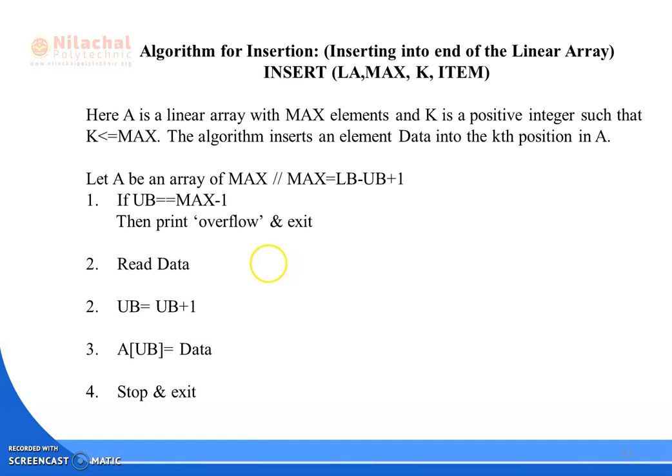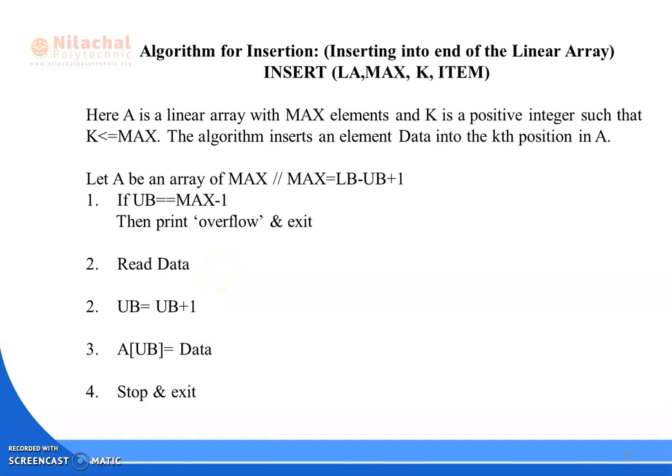At the third step, we will be discussing upper bound is equal to upper bound plus 1. As we are going to insert an element at the end of the linear array, we will increase the upper bound value by 1.